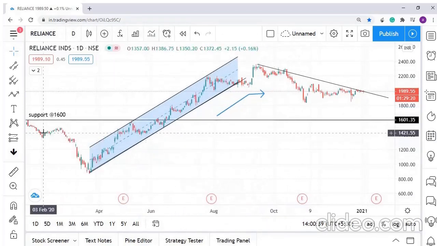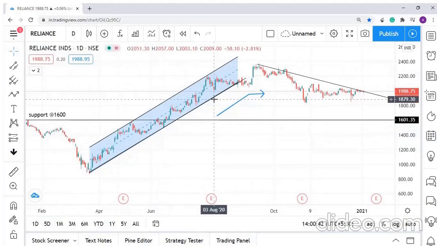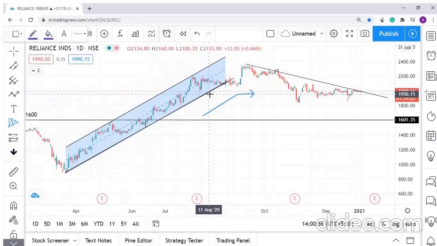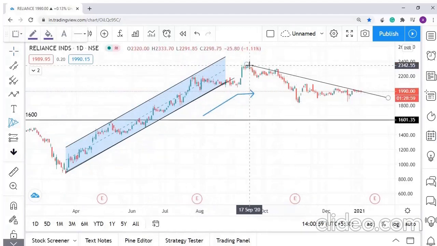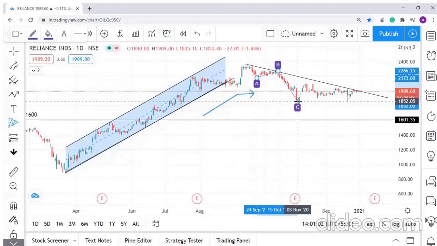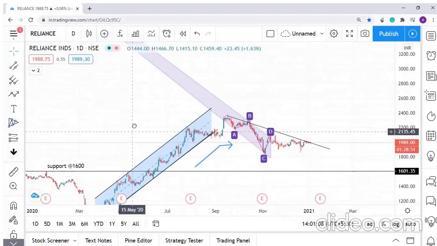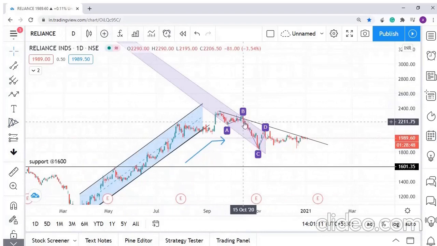Another thing I want to cover is basic patterns. If you click here, you can see this many patterns written here. From these patterns, I think I can see a triangular pattern in the chart. Let's just give it a try. Okay, once more we'll try it.